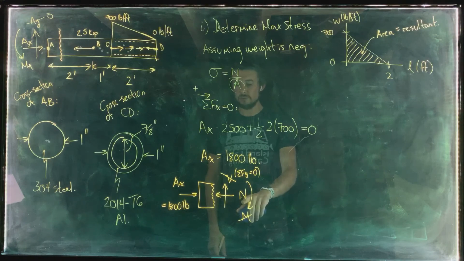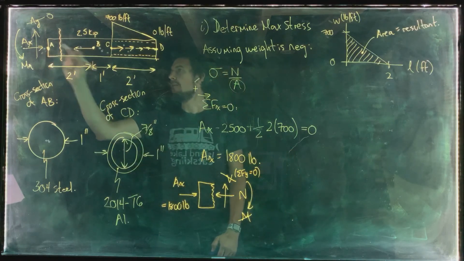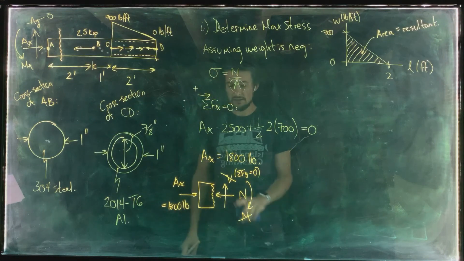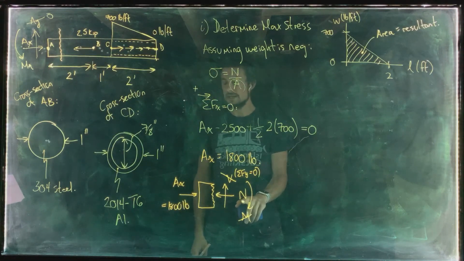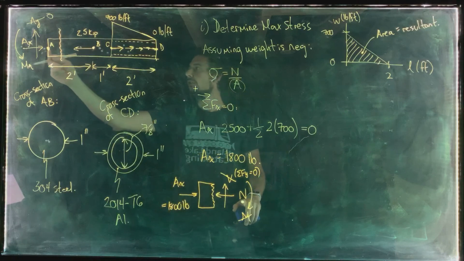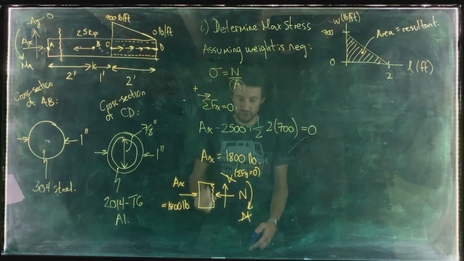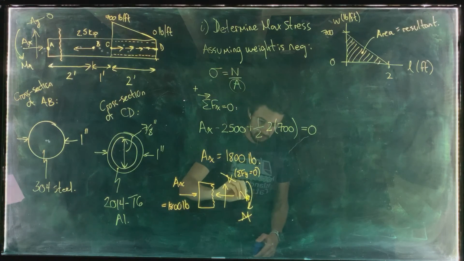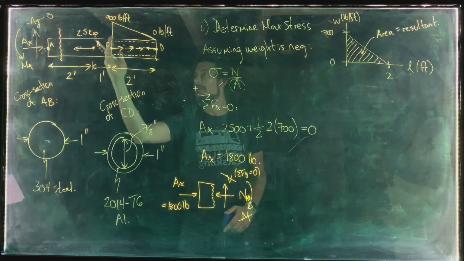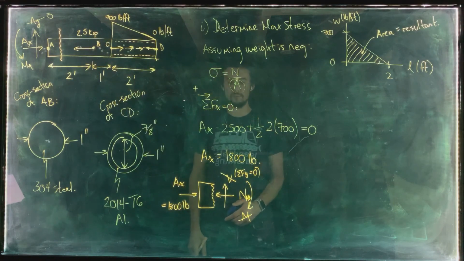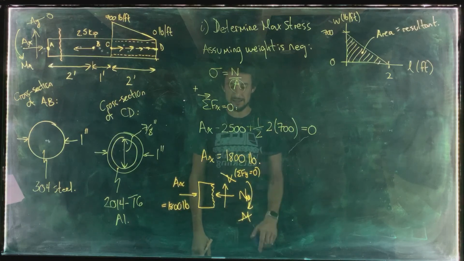Now, the internal normal force here would be more appropriately labeled N subscript AB, because the normal force that we're finding is only the normal force that exists within segment AB of the solid portion of this object, right? After we go past point B, that internal normal force is going to change, and we're going to see that in a minute.